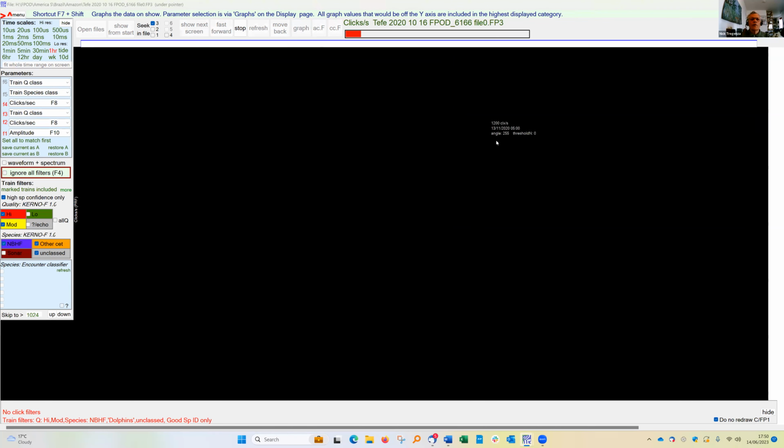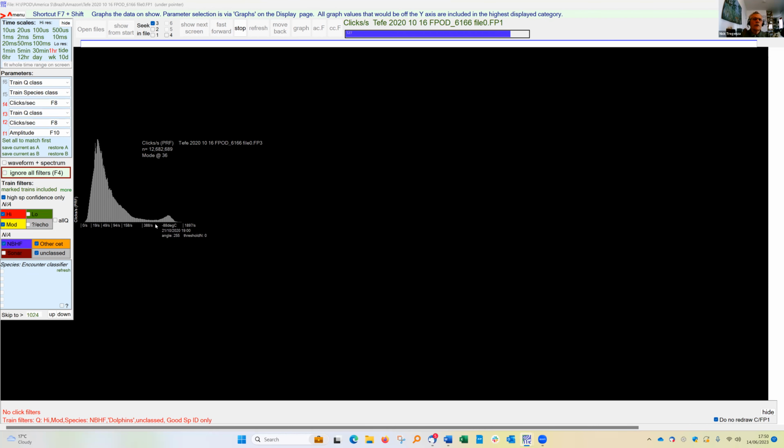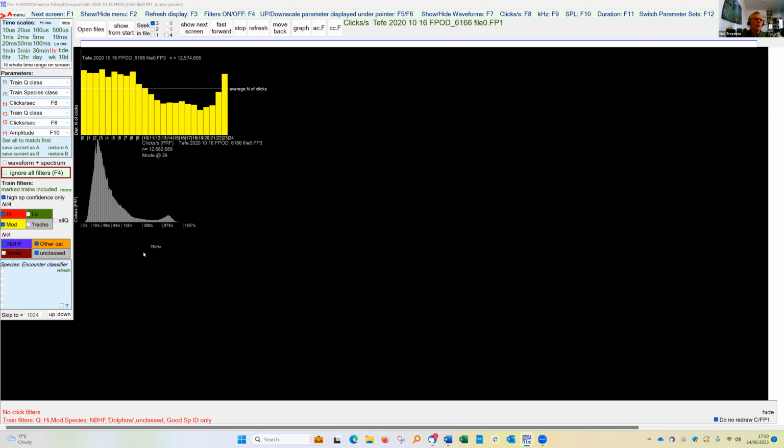But we'll just graph the distribution of click rates to get an idea of where we can put in a filter there. Yeah, so this is very much the picture I showed you before.